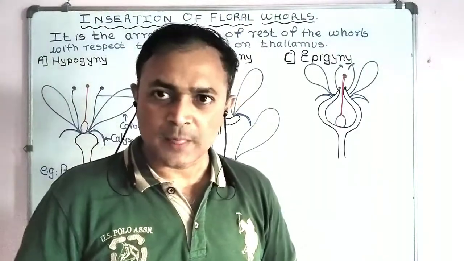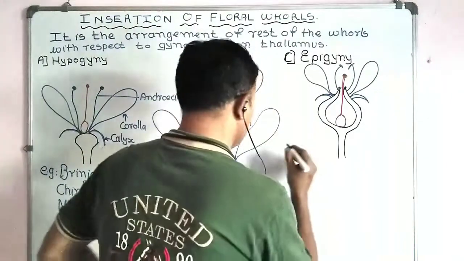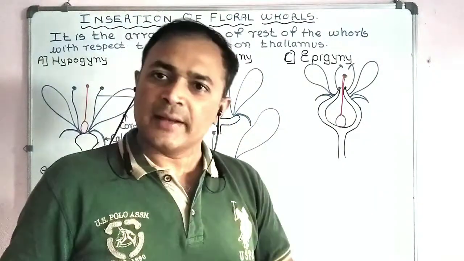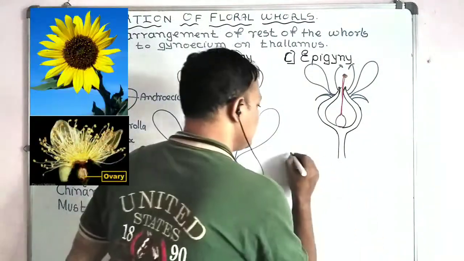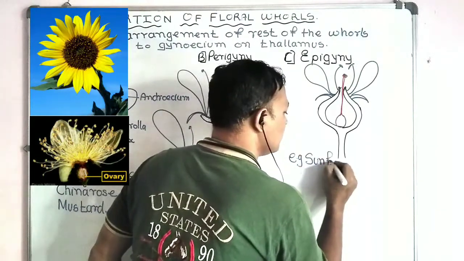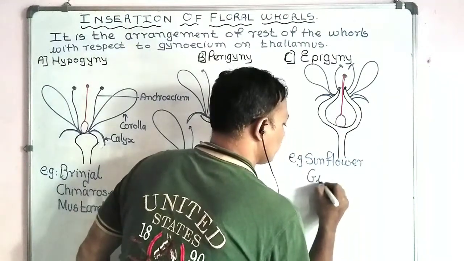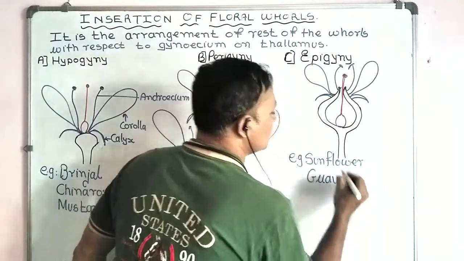Now let us see some of their examples. Their examples are sunflower, guava.